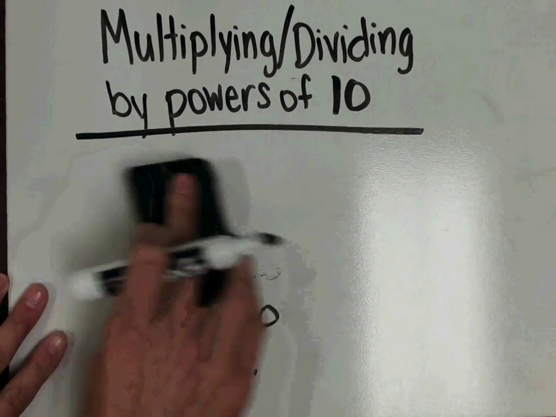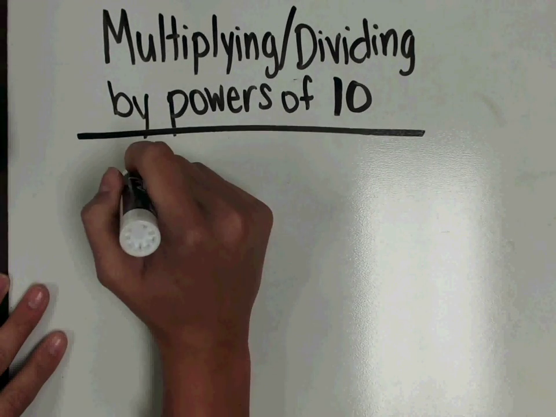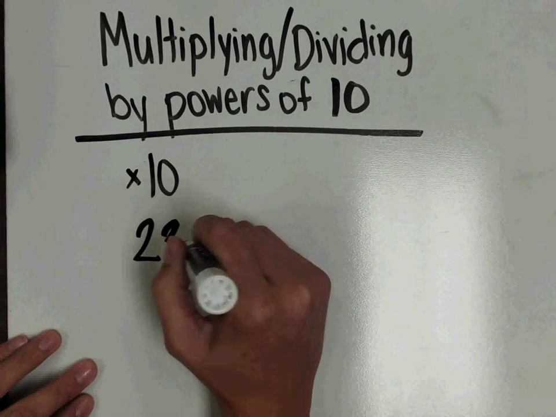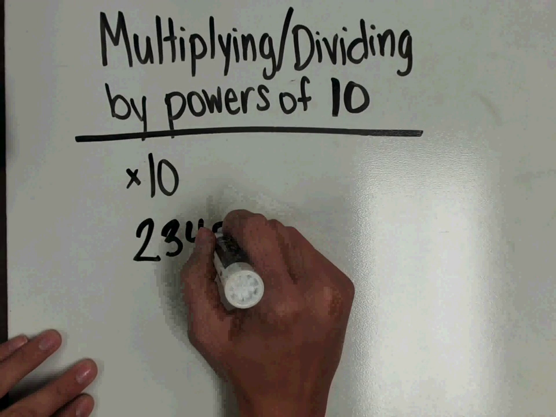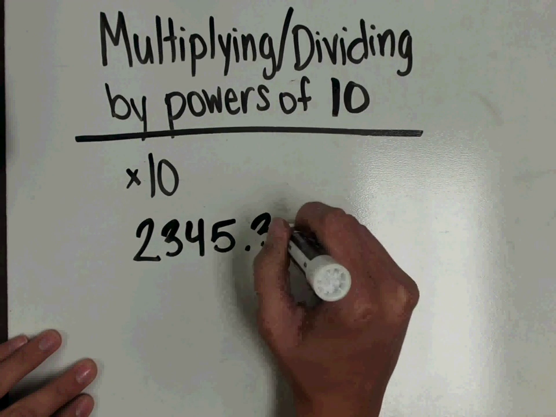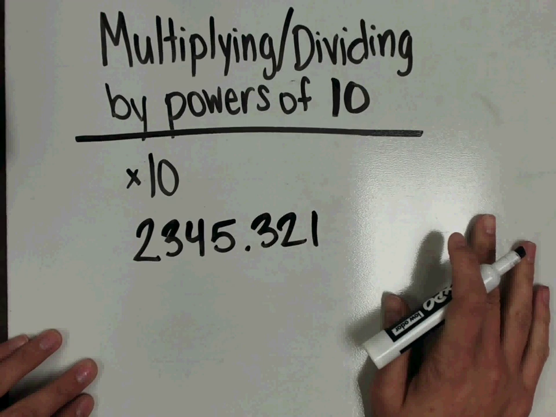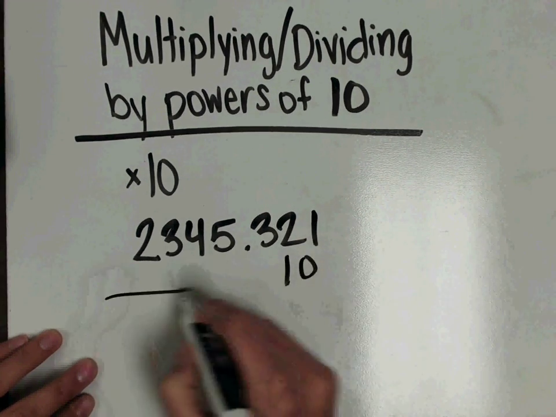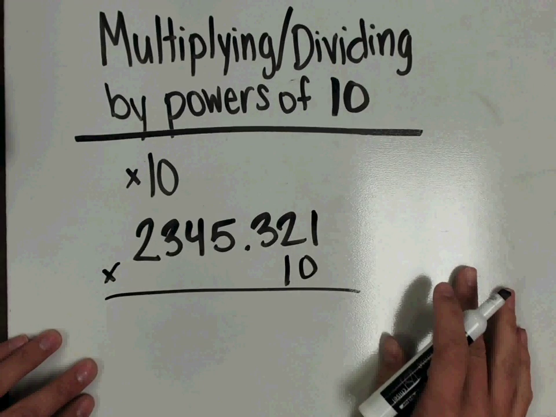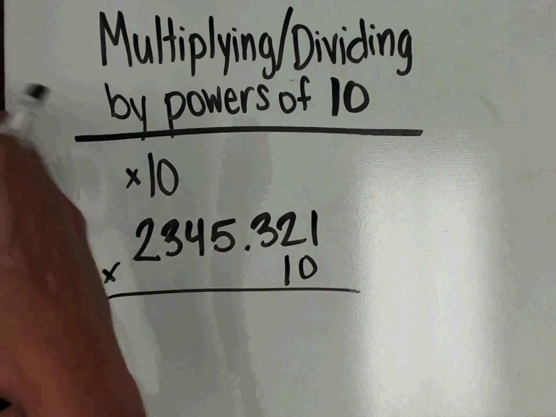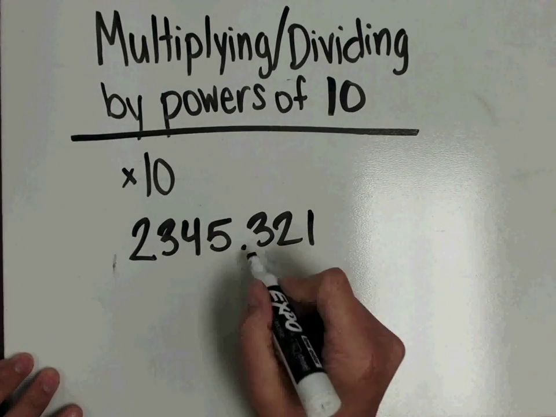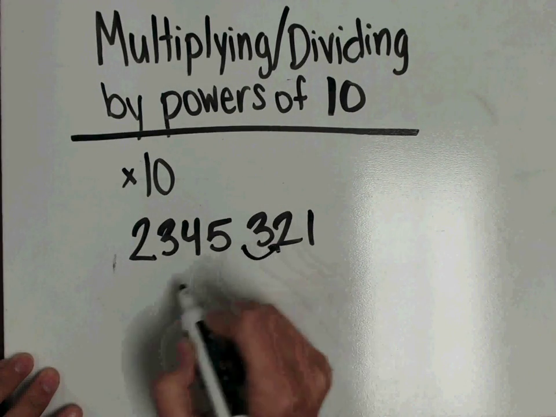Okay, so on a larger scale, I want to show you when you multiply by 10, say I have 2,345.321, and all I want to do is multiply by 10. Well, I can multiply it all out, which would take a while, or all I could do is simply move the decimal to the right 1.